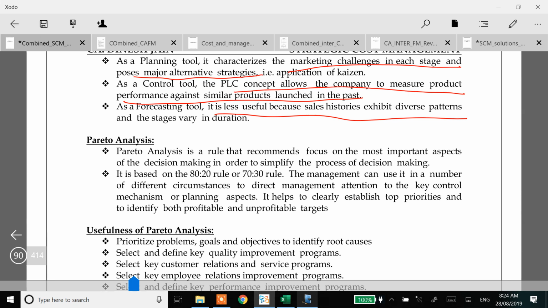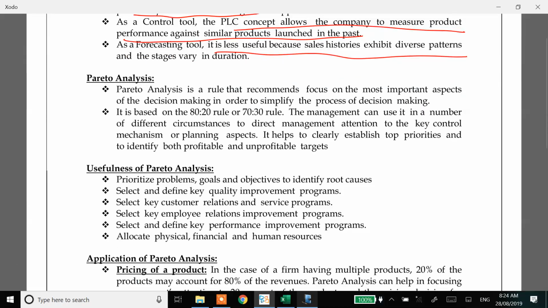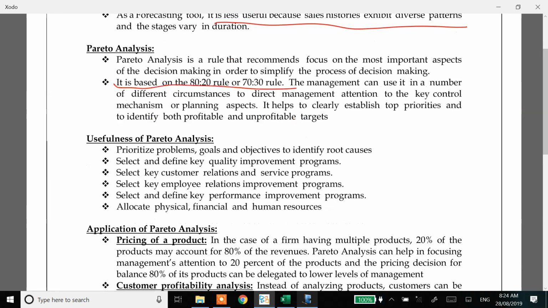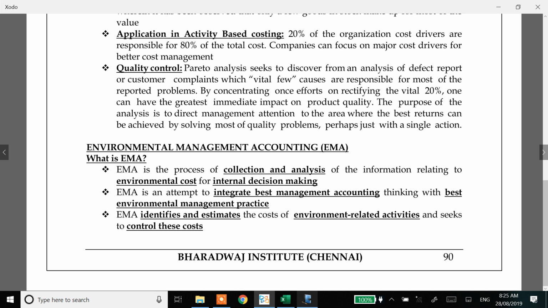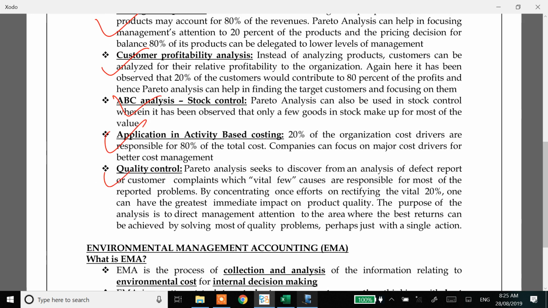Direct product profitability analysis: finding the 20% of the products which contribute to 80% of the profits, because there are certain products which will comprise only 20% of volume, but they may give 80% of the results. So Pareto's analysis is a rule that recommends focus on the most important aspects of decision making. It is based on the 80-20 or 70-30 rule. Pricing, customer profitability, inventory control, quality control. In all these places, I can end up adopting Pareto's analysis.